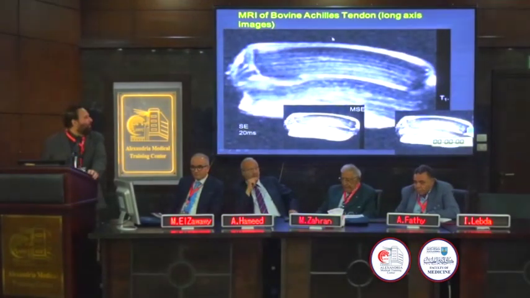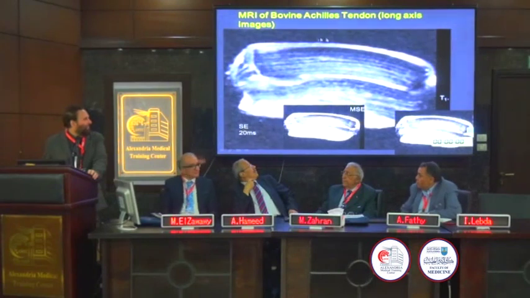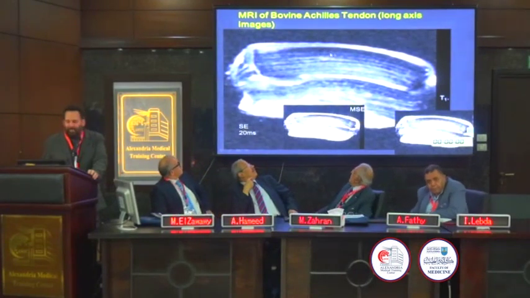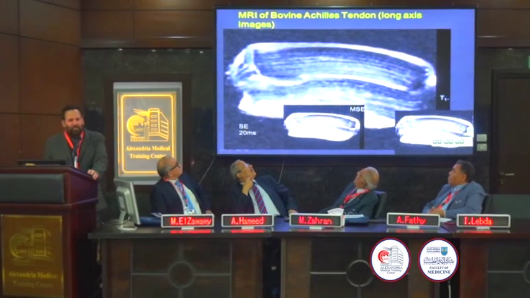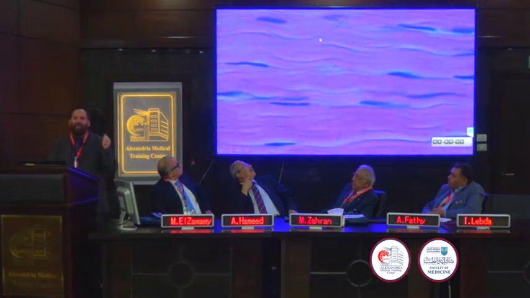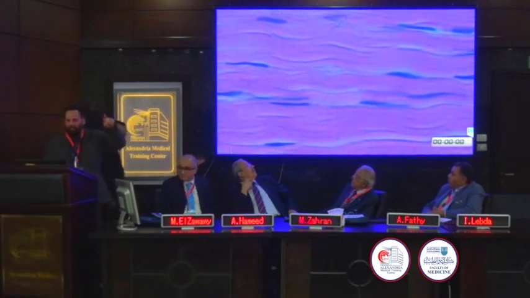So here's an MR. I think this was a 14 Tesla MR. And we can see the organization of the collagen. It doesn't really look like that. It looks like this. Can anyone tell me, other than the color, the difference between this and the MRI? This is wavy. Can you see that?